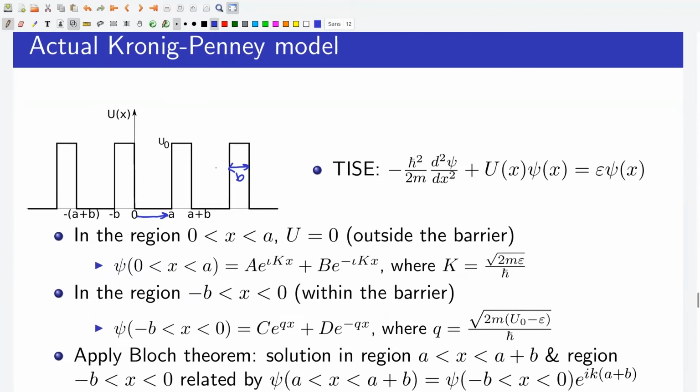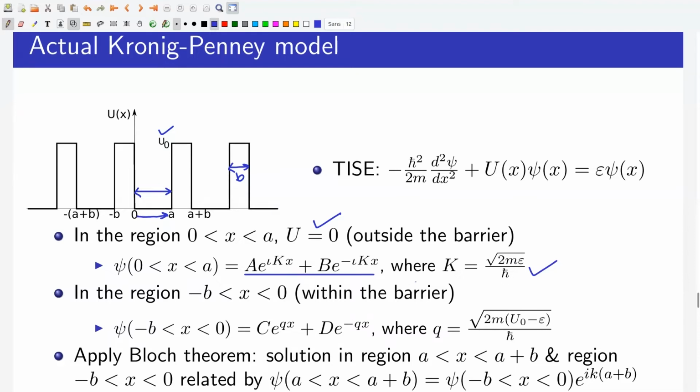Height of the barrier is U0. Consider the region between x equal to 0 and x equal to a. This region is located outside the barrier, that is U equals 0. In that case, the solution is A e power ikx plus B e power minus ikx, where k is equal to square root of 2mE divided by h bar.